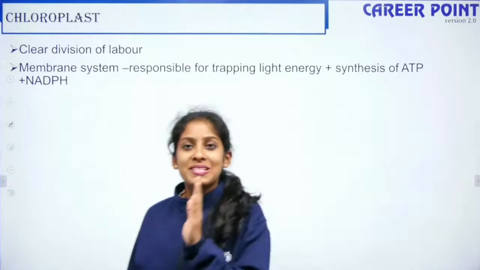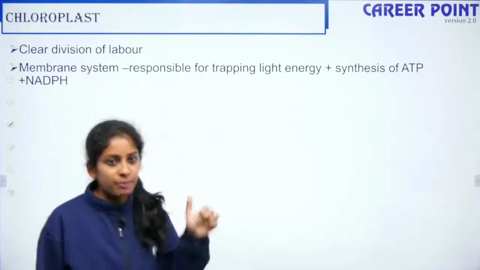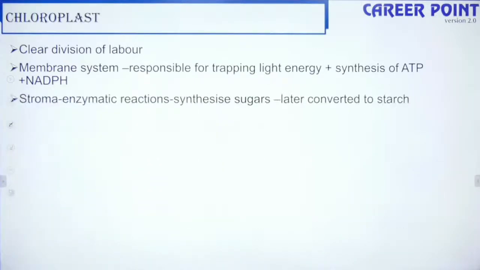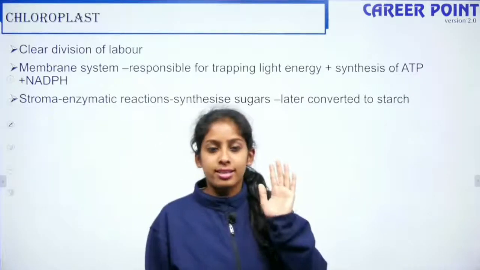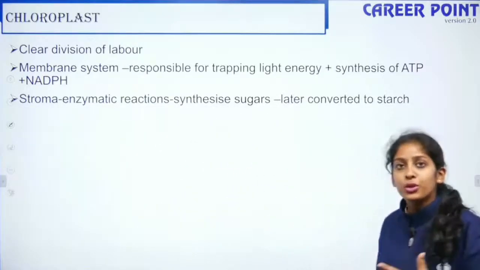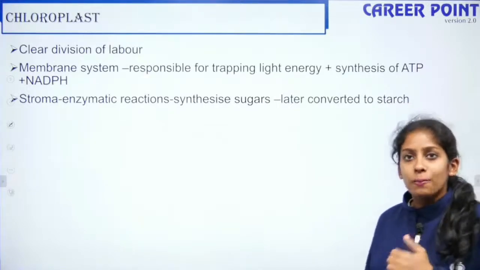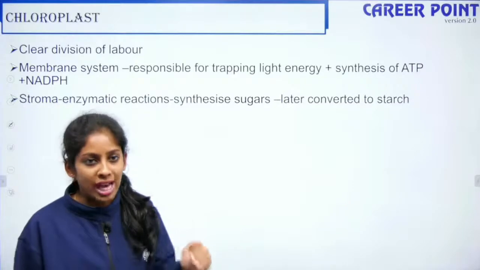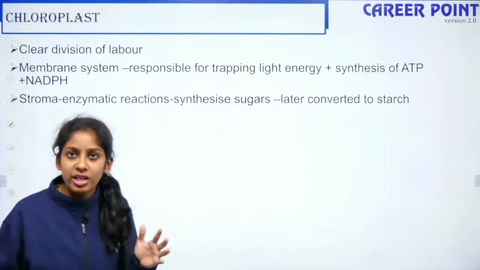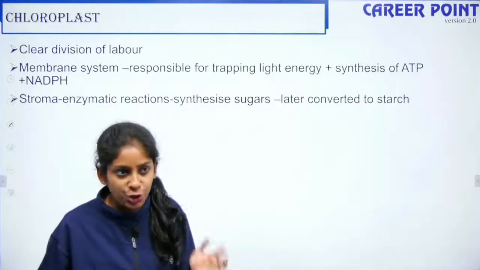It also synthesizes ATP and NADPH. That is the first part, right? Now the stroma, the cytoplasmic space inside the chloroplast, is responsible for producing sugars based on the products from the light reaction. So it is indirectly dependent on the light reaction. Thus, to give a contrary name, it is called the dark reaction.